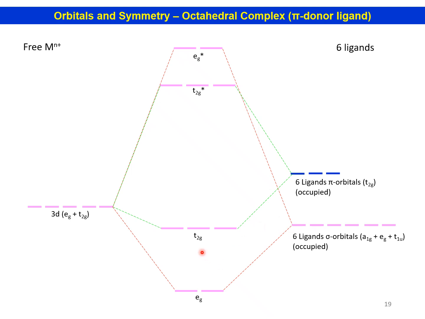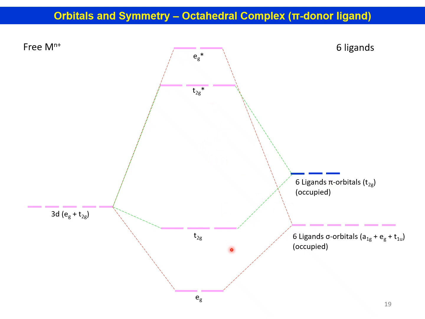The t2g will be placed not so far below the non-bonding level, while the t2g star will be pushed far away from the non-bonding level, in reference to the 3d orbitals. The eg, on the other hand, remains below t2g, while the eg star is at the most above t2g star.